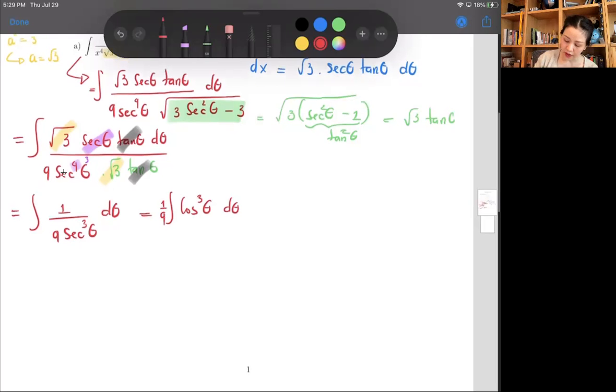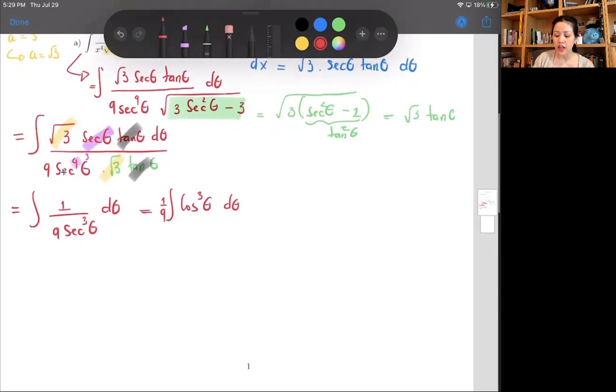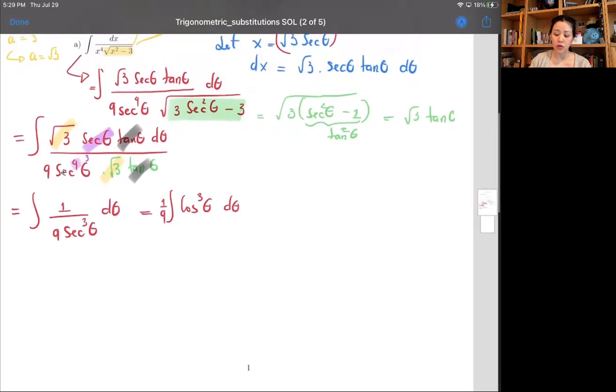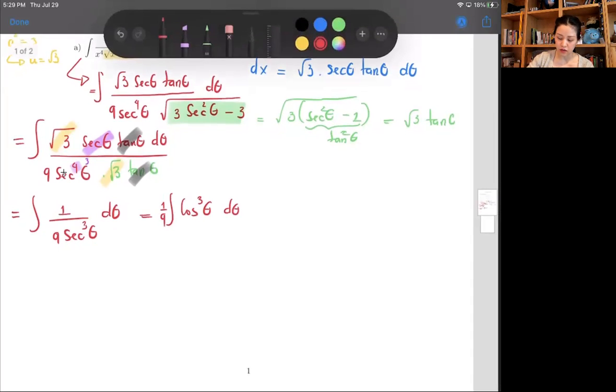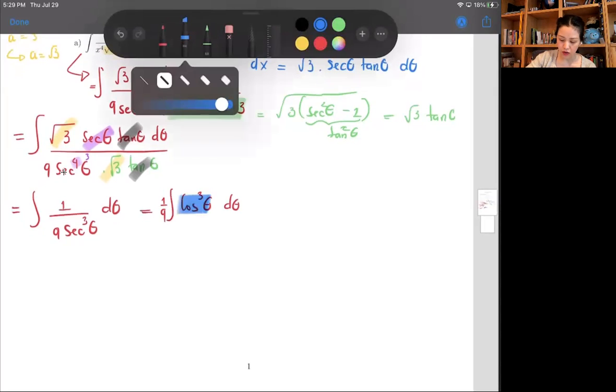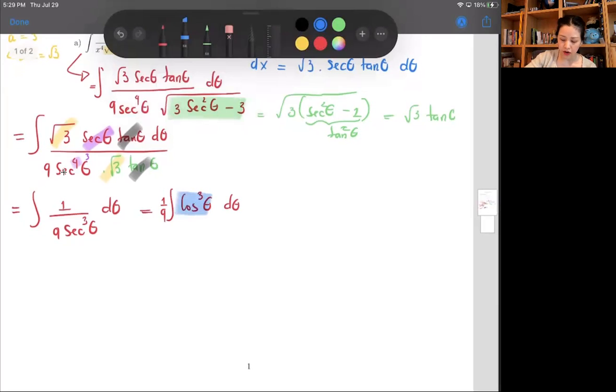For the cosine cubed theta, I'm going to split it into cosine theta and cosine squared theta.